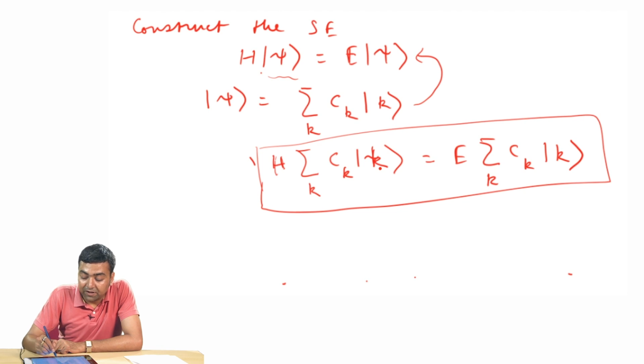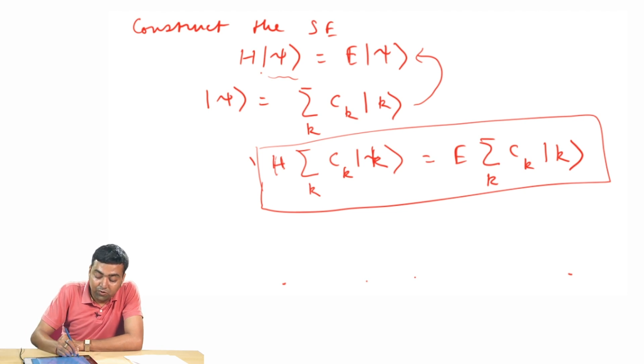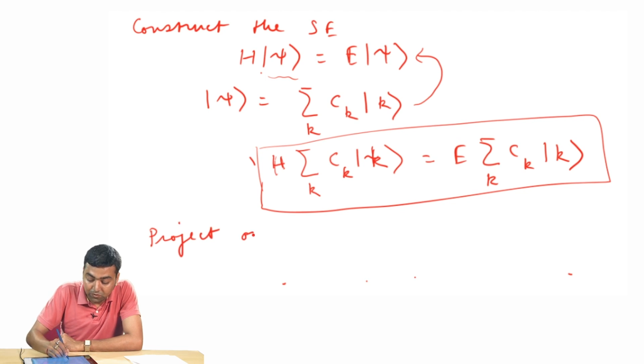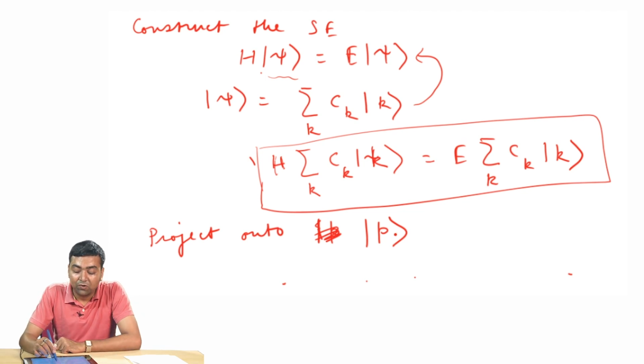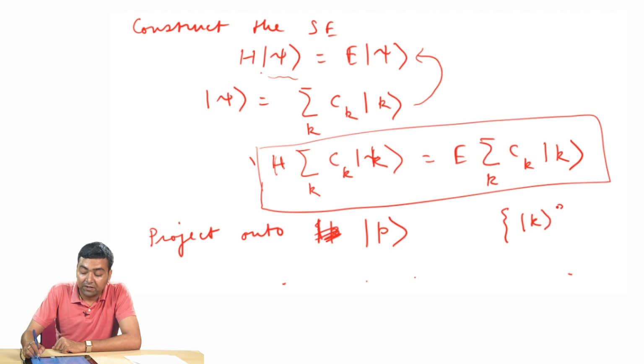So, the way to solve this is to project your equation onto an arbitrary state P. This P, remember, belongs to one of the states which are contained in this family of states K.